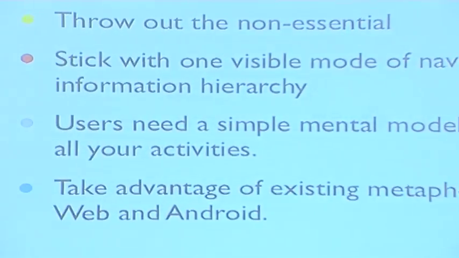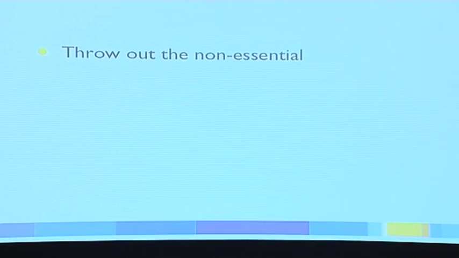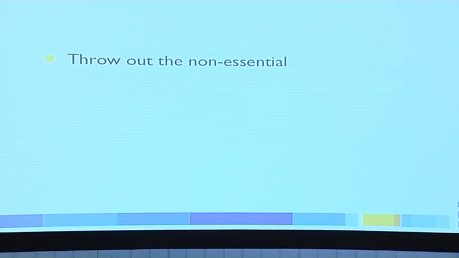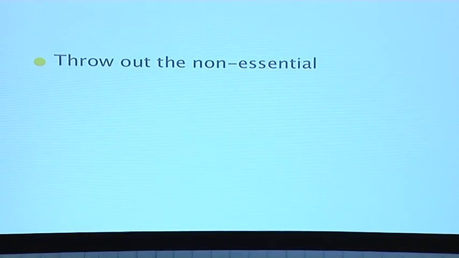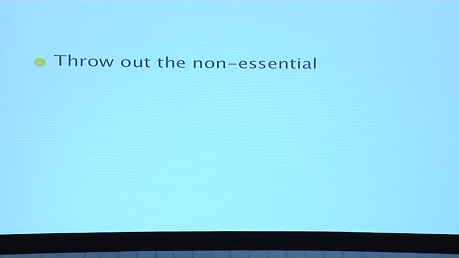They want a simple, easy way to navigate through an application. Take advantage of existing web metaphors and Android metaphors. If we summarize this, it's all about focusing on what's essential and throwing out everything else. There is a company that says a product is not done until there is nothing else you can possibly remove. And keep your app simple.